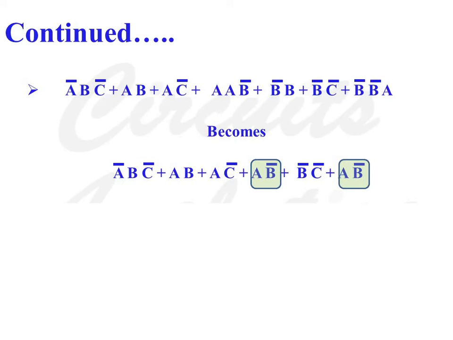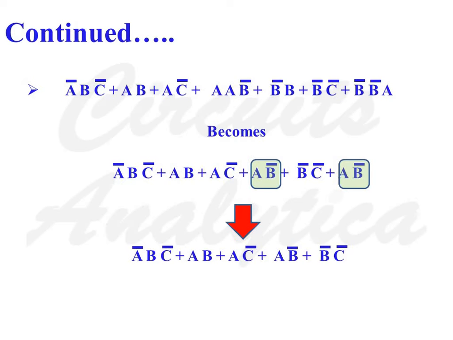Now as we can see, there are two ab bars in this equation. So we can remove one of these two ab bars, as we know that a + a is equal to a. So a bar b c bar + ab + ac bar + ab bar + b bar c bar.